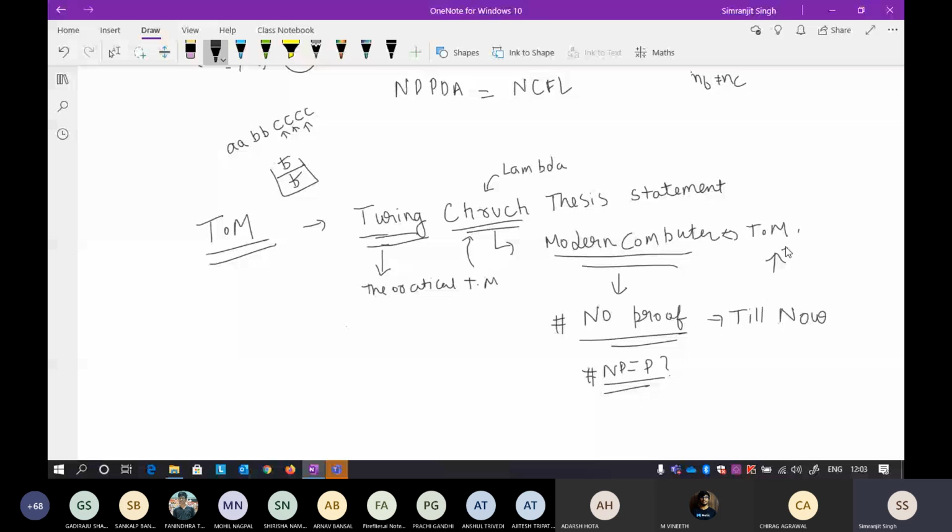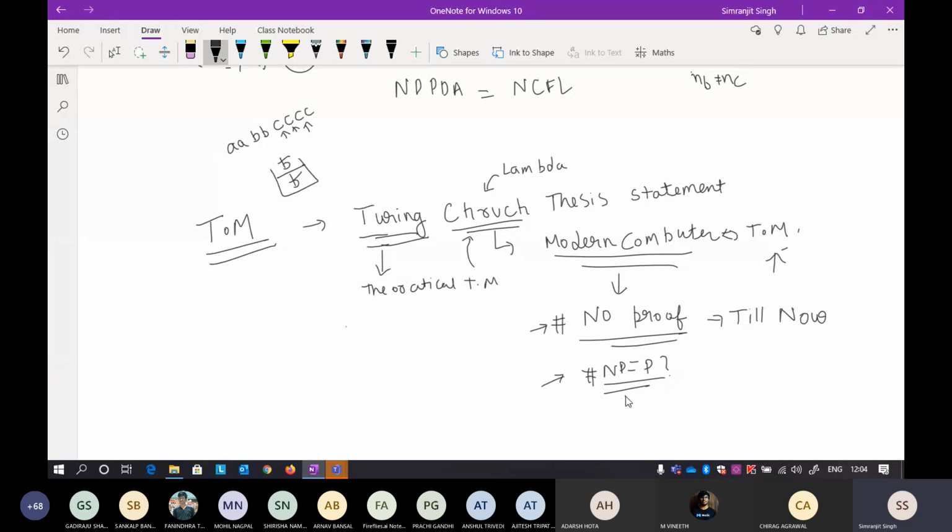You can also try to solve this problem. It is still open in computer science, and I think there is a Turing Award, like a Nobel Prize for computer scientists, and some people have tried to solve this one, but there is no actual proof.